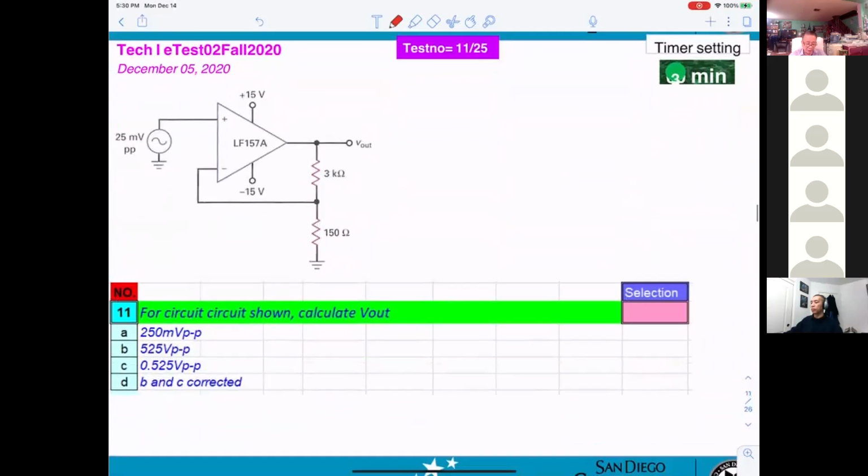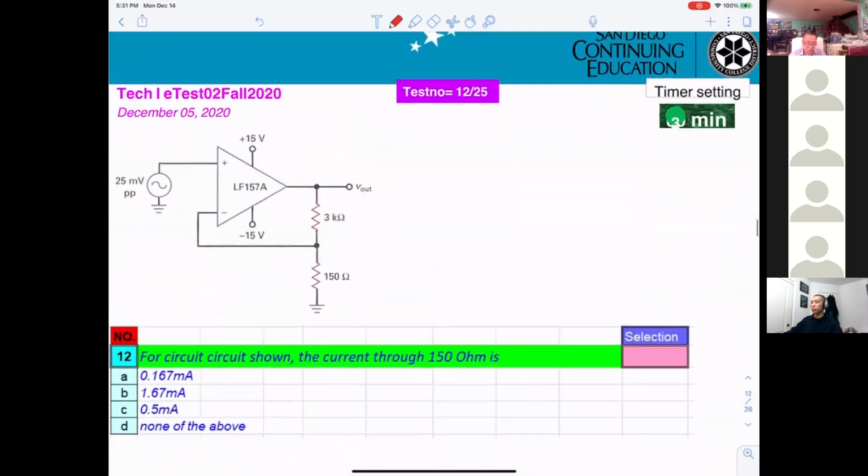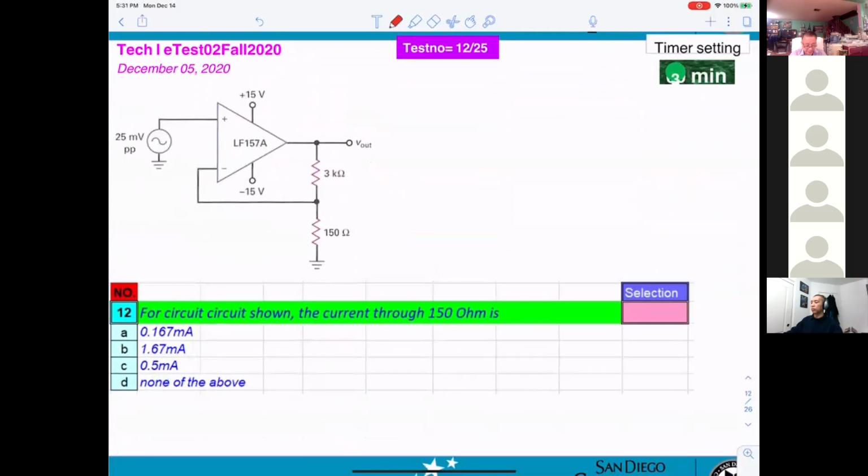And then they want to calculate the Vout. Number 11. C. 11 will be C, right? Yes, sir. C. You take the voltage input times the gain. They want to know the current through the 150 ohm.